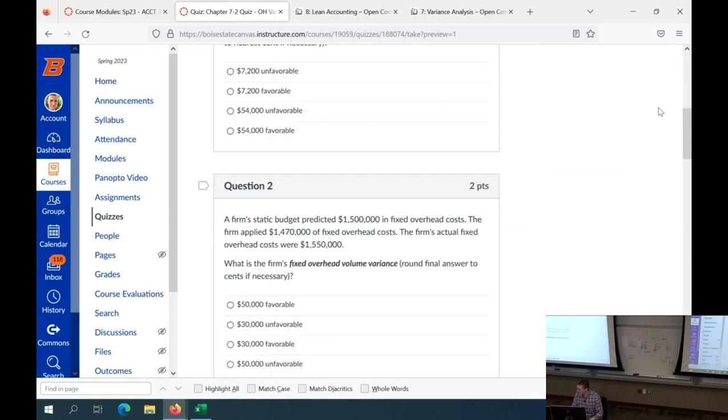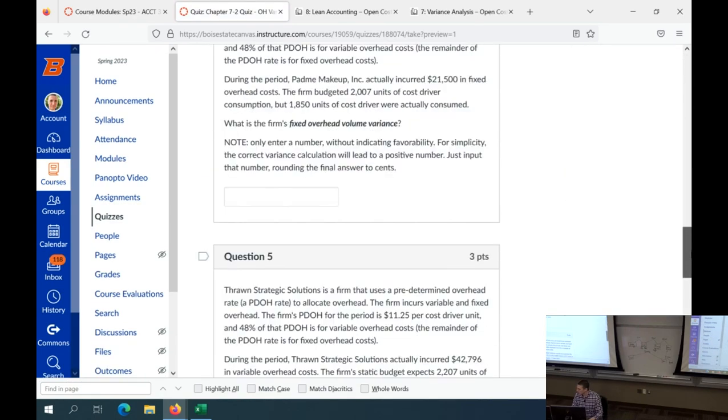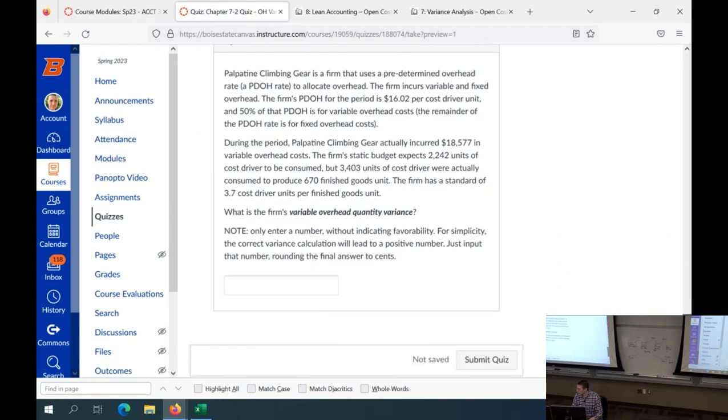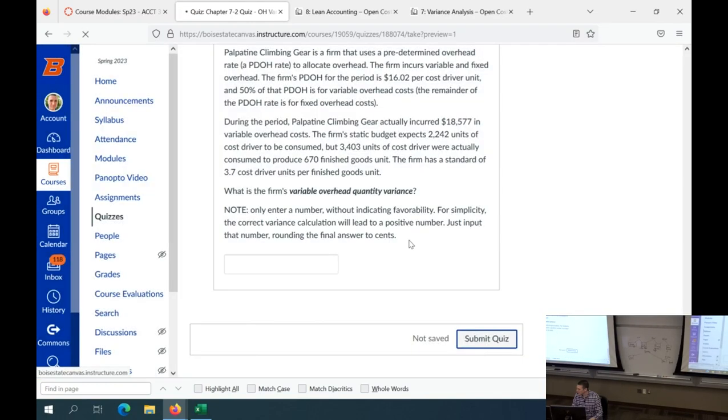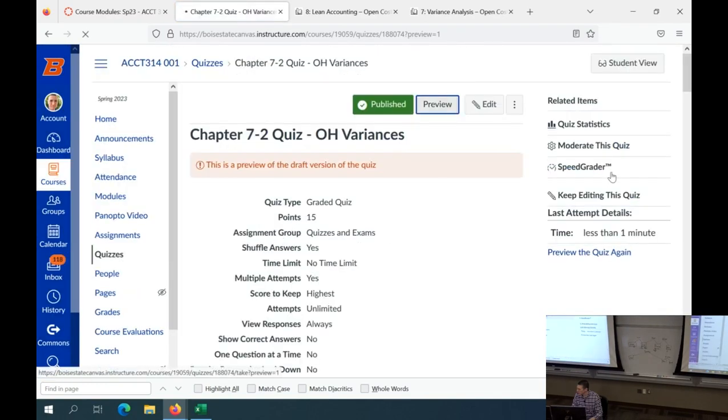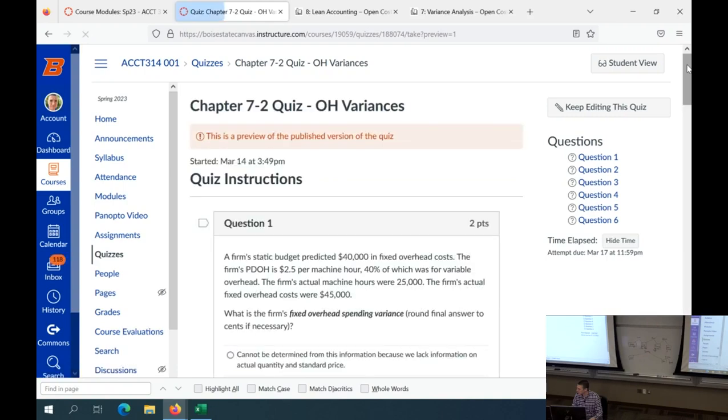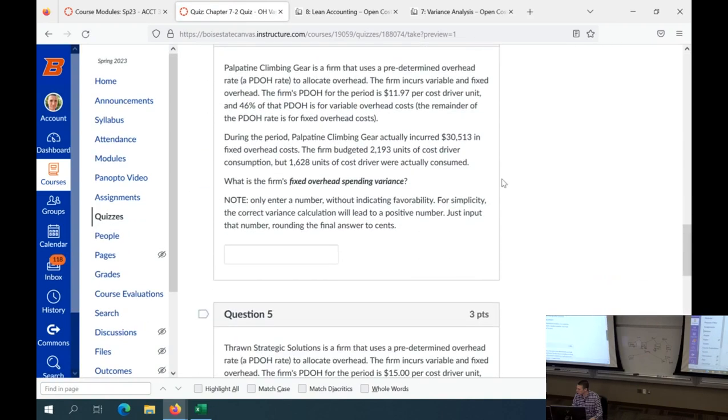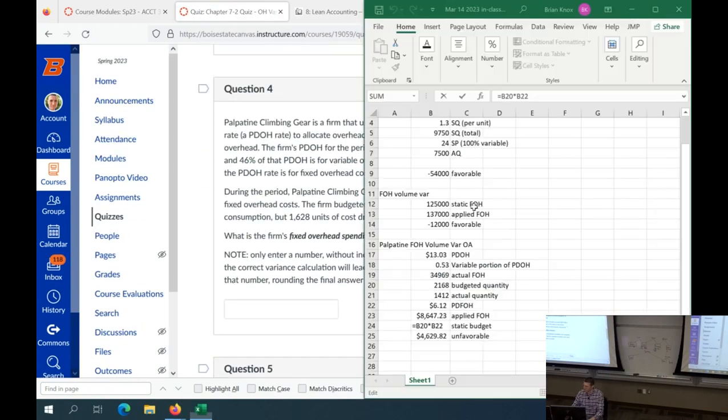Fixed overhead. No, not in this one. It will show up now. I fixed it, so it will show up once we get the right amount of luck. There we go. Spending variance.